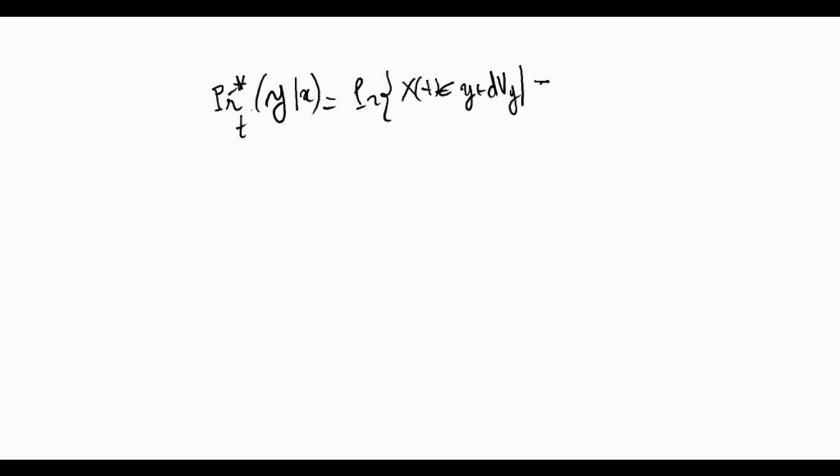Let's call it probability star of the process to be located at point y, conditioned that it started at point x at time t. So this is the probability that x of t belongs to a volume element of y plus dy, conditioned that the exit time occurs in A before B, when the particle initially starts at x.